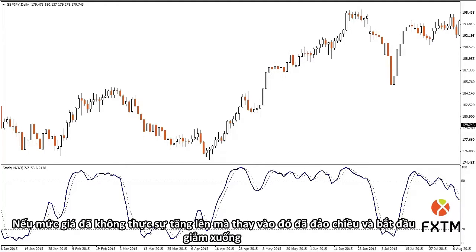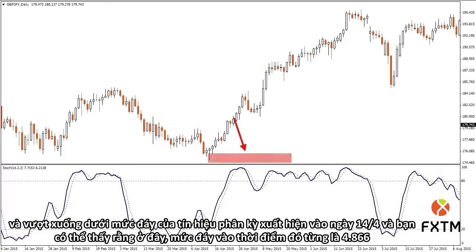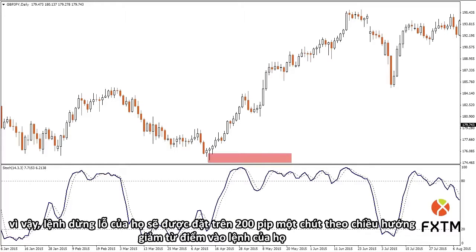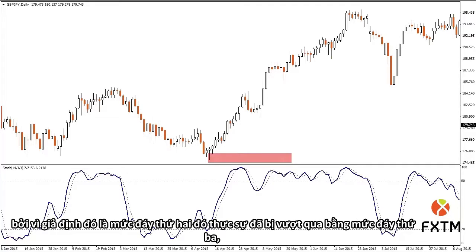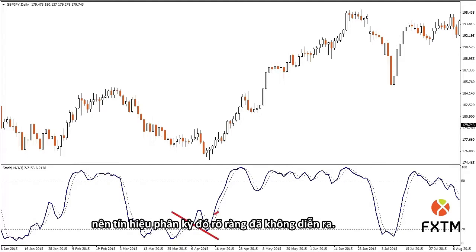Well, if the price had not actually risen, but instead had reversed and begun to decline, and had taken out the low of that divergence, which occurred on the 14th of April, you can see that here, the low price at the time was 174.866. So their stop loss would have been placed a little over 200 pips to the downside from their entry point, because the assumption is that if that second low had actually been taken out with a third lower low, well, that divergence is apparently not working out.